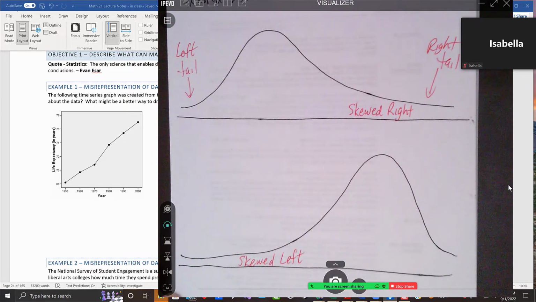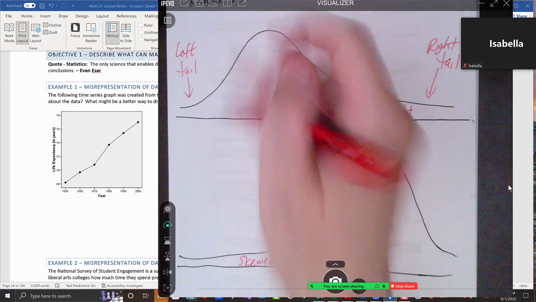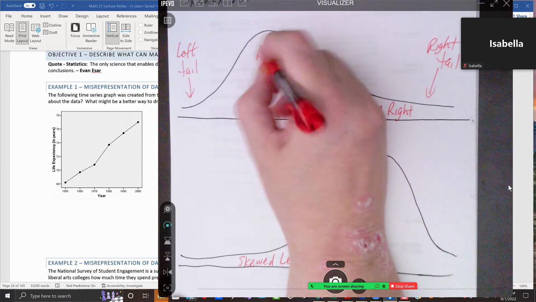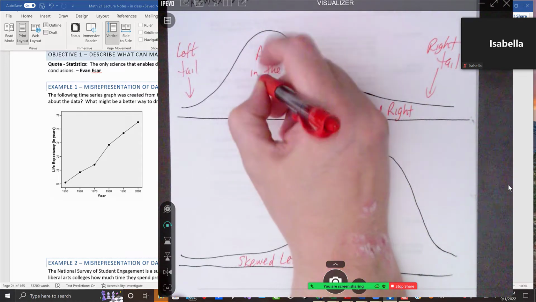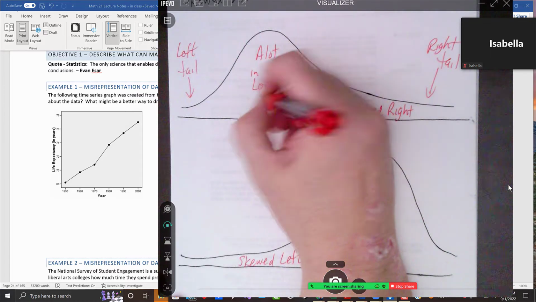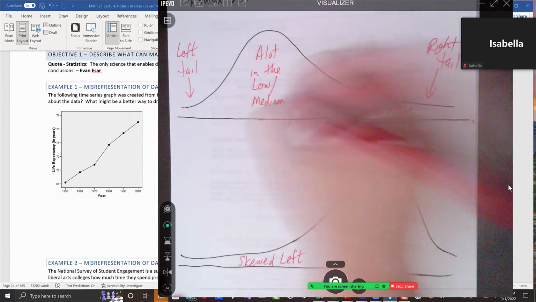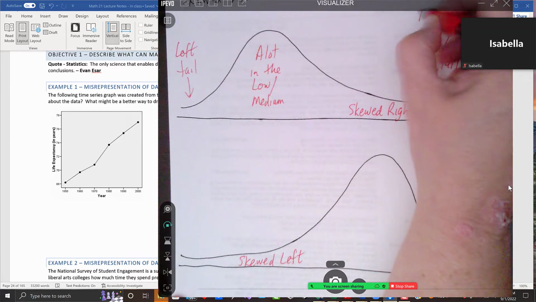So what kind of things happen in these categories? Skewed right happens when there's a lot in the low medium region and only a few that are high.